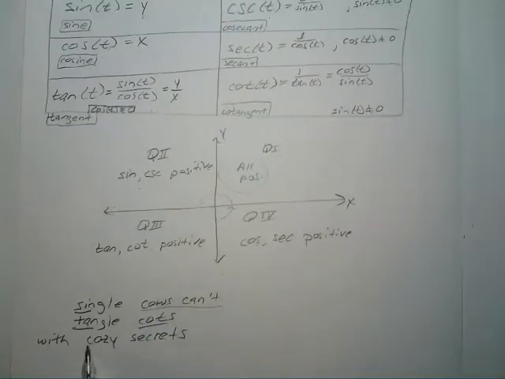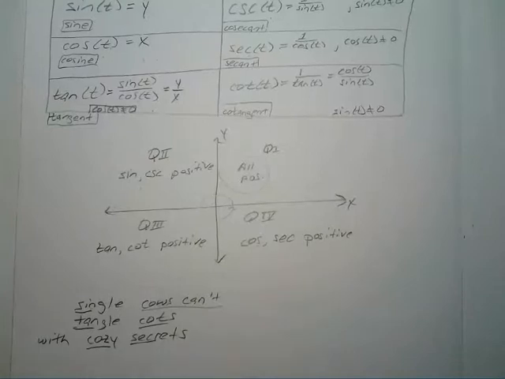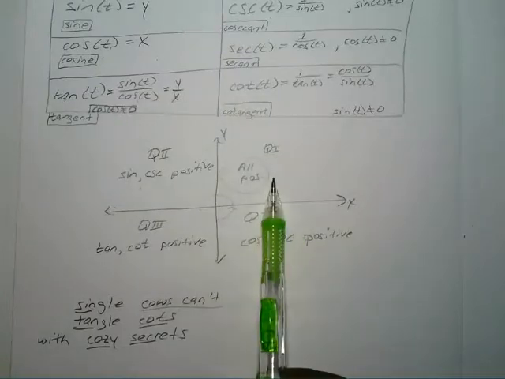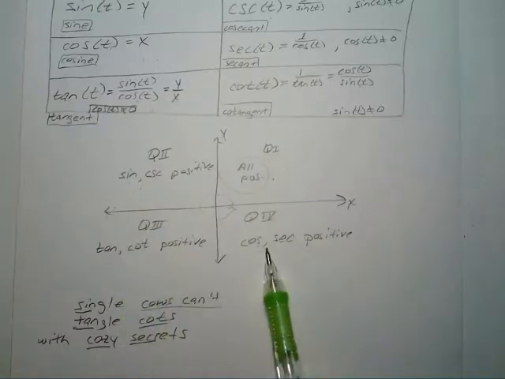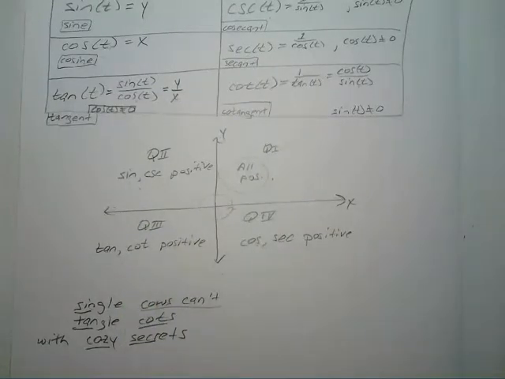Cosine and secant, cozy secrets, it's positive here. So if you're ever trying to figure out which quadrant they're positive in, they're all positive in one. Single cosecant, tangle cots with cozy secrets. Like I said, it does not make a lick of sense, but it can be helpful in memorizing this.